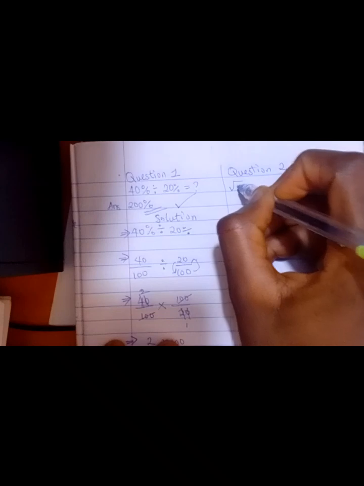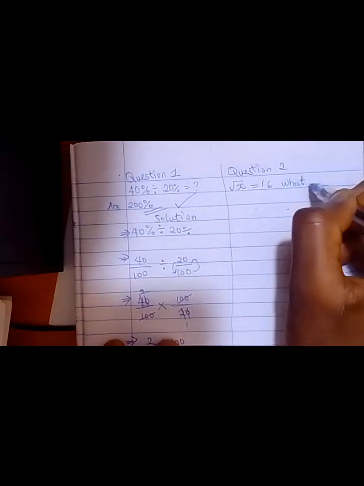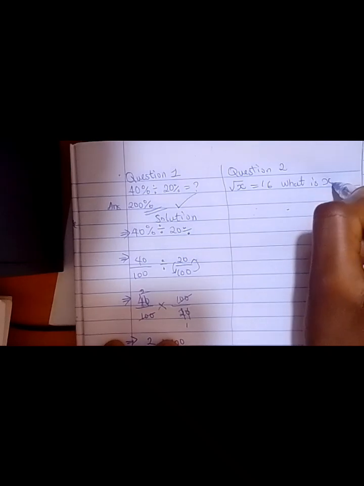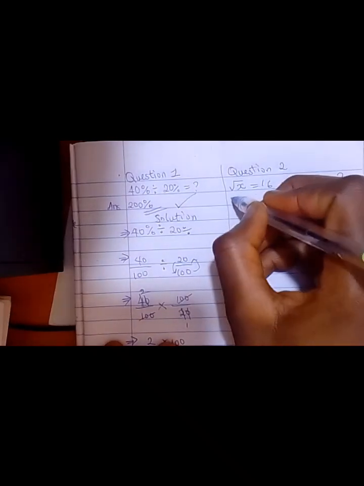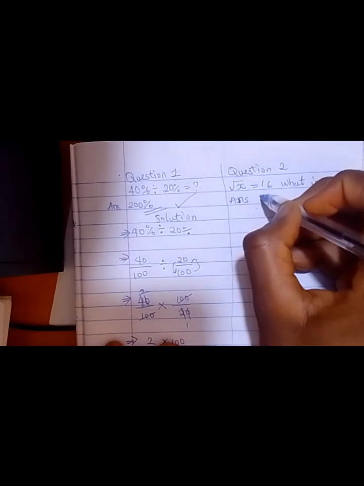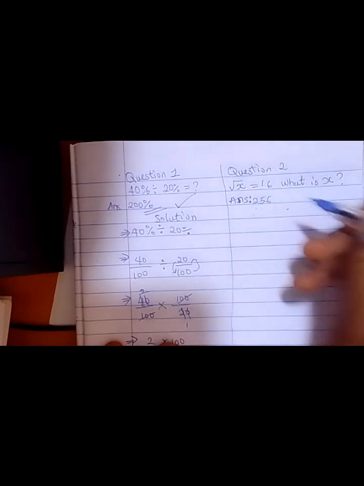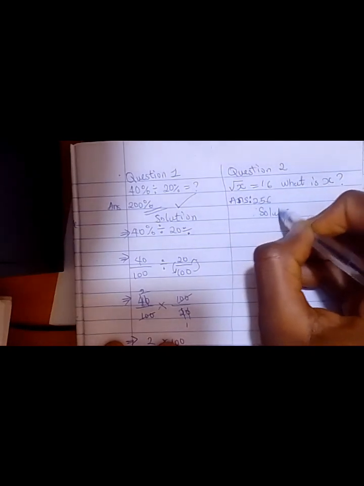Question 2 is: the square root of x is equal to 16. What is x? We're given that x is equal to 256.